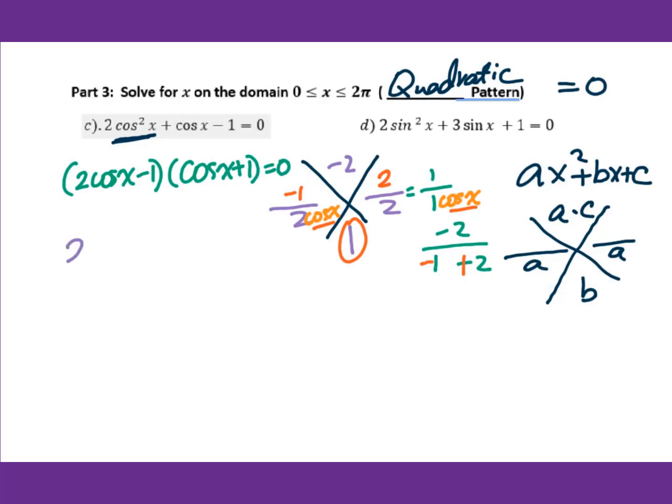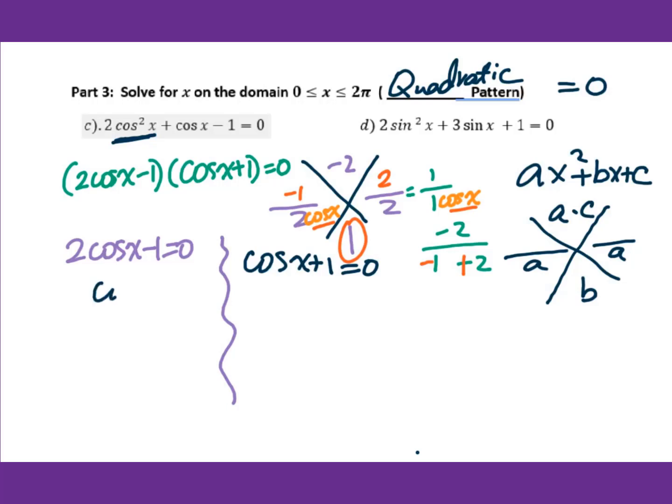We can set up 2 cosine x minus 1 equal to 0, or cosine x plus 1 equal to 0. Still isolating, because these two are linear patterns. Cosine x, you add 1 divided by 2, that's 1 over 2.